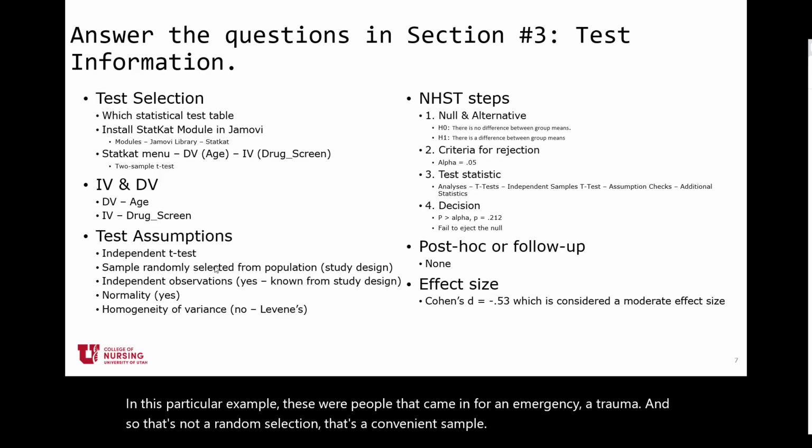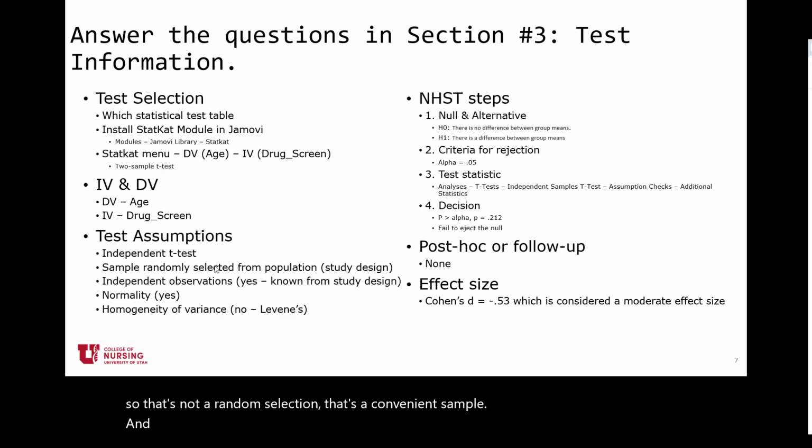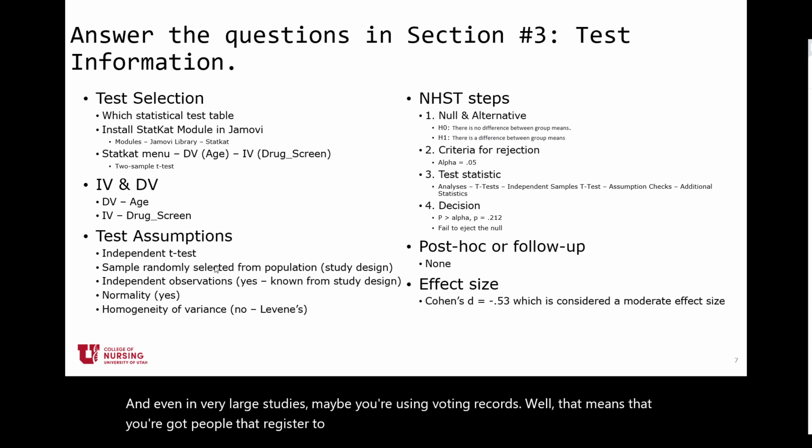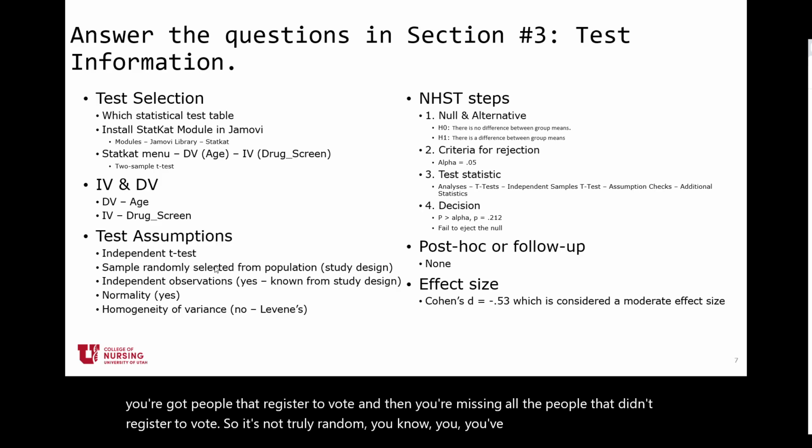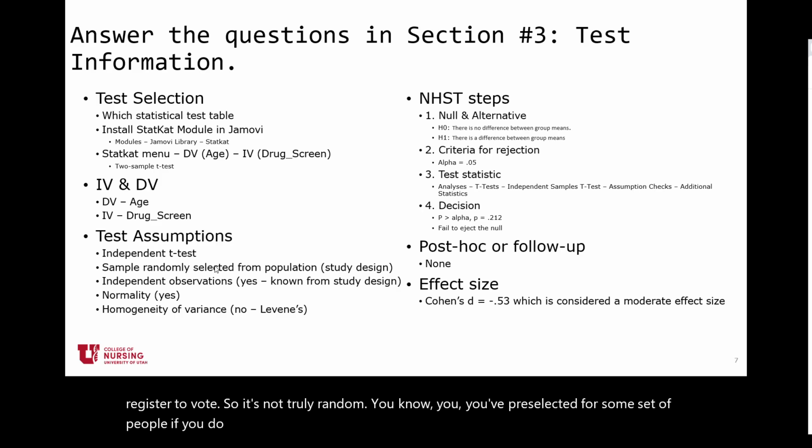And even in very large studies, maybe you're using voting records. Well, that means that you've got people that registered to vote, and then you're missing all the people that didn't register to vote. So it's not truly random. You've pre-selected for some set of people. If you do phone numbers, you're pre-selecting for people that have a phone.